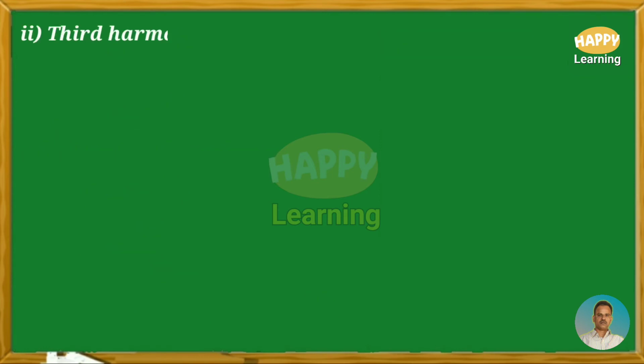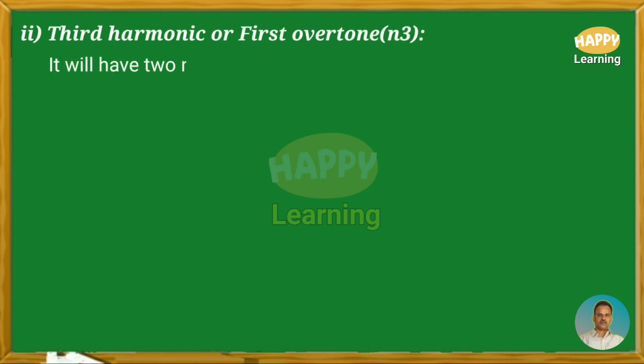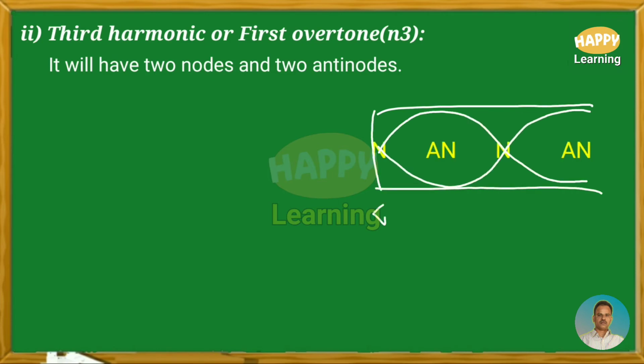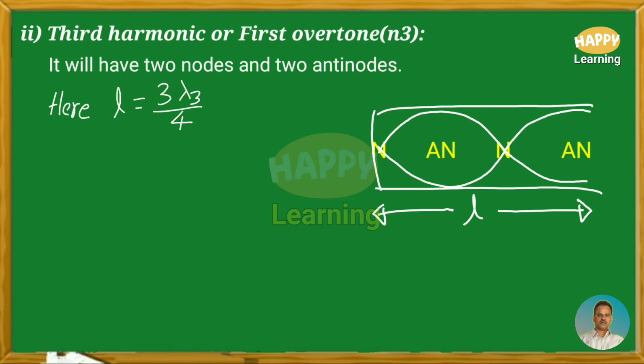Third harmonic or first overtone, symbol N3. It will have two nodes and two antinodes. So this is the closed tube, always an antinode at the open end, a node at the closed end, and one node in between these two. So node, antinode, and the length of the tube is L. Here L is equal to 3 lambda 3 by 4.